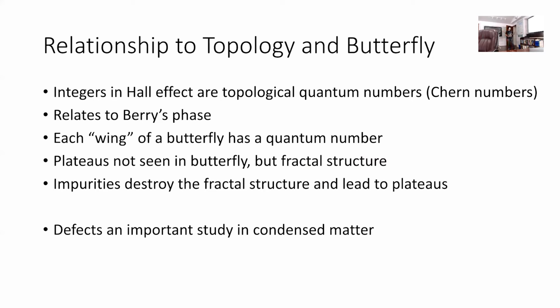So part of the disconnect between the quantum Hall effect and the butterfly is related to defects. I just want to point that out. But I guess it's clear how we get this notion of topology relating to the quantization of the integer quantum Hall effect. So there is at least this connection of topology still.